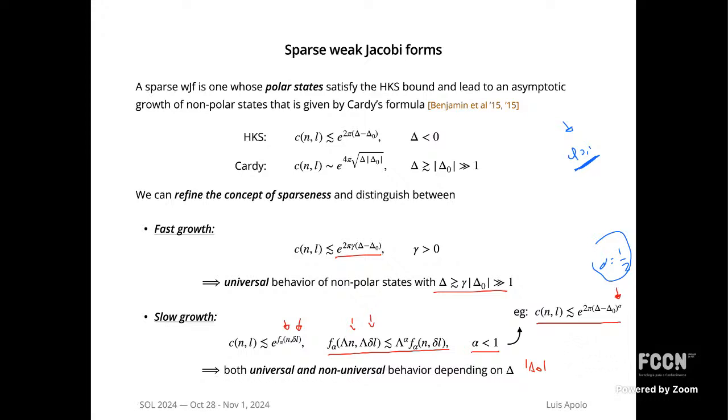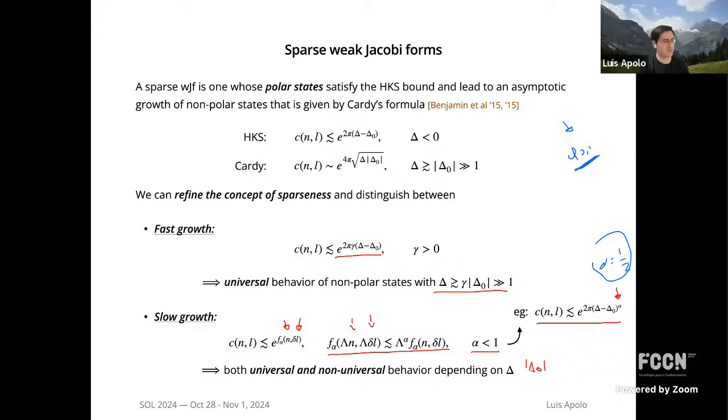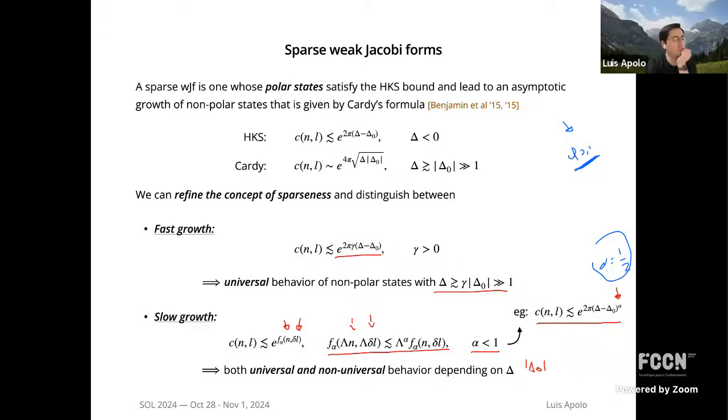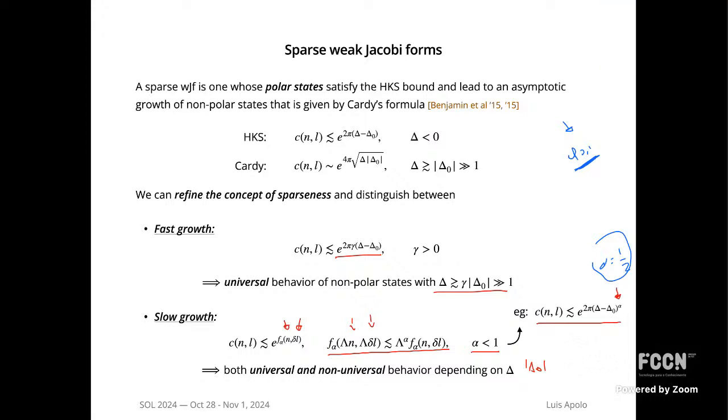This expansion of the Siegel modular form into Jacobi forms? Yeah, there is this DMVV formula that allows you to construct the generating function of the Hilbert scheme of N points on the K3 surface. So you're saying that each individual piece in the generating function is going to be a sparse Jacobi form. Is that the claim now?